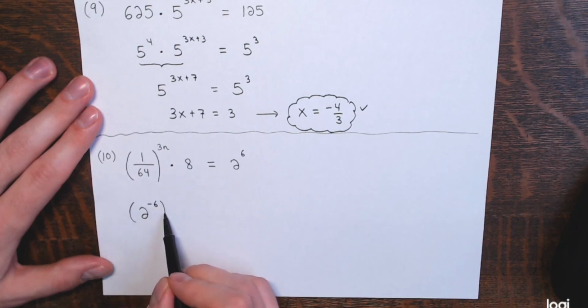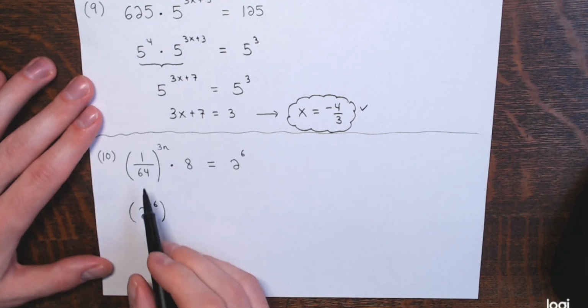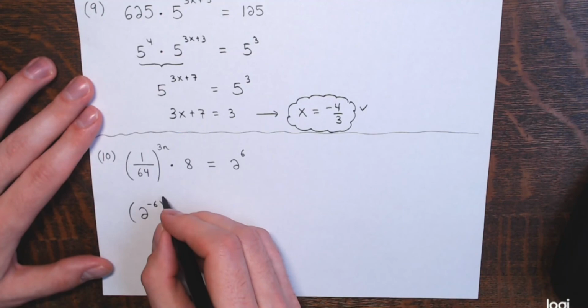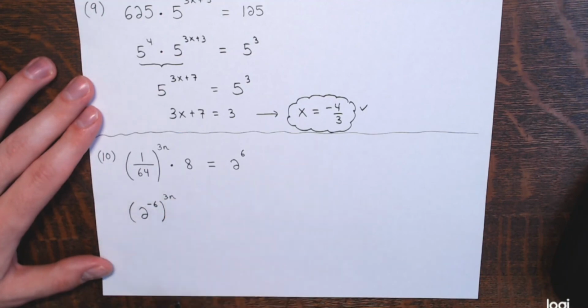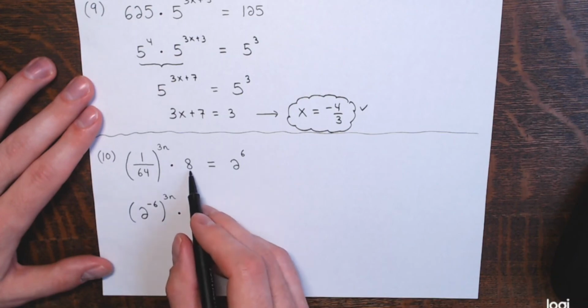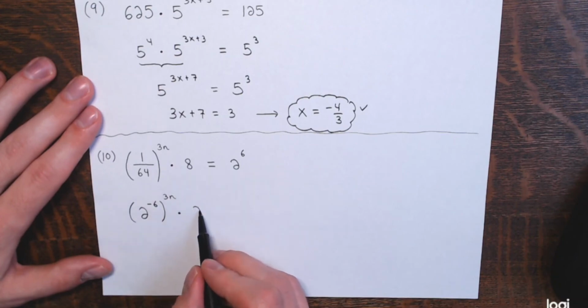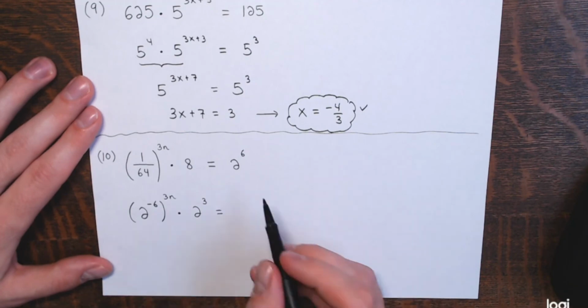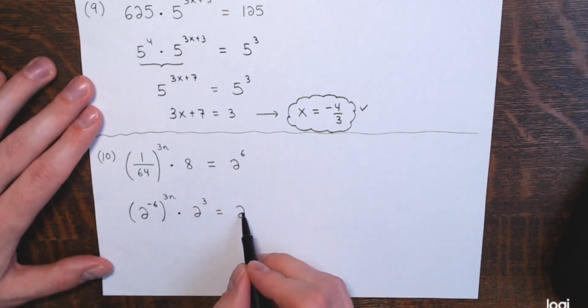Right, that would be 1/64. So I'm replacing 1/64 with 2 to the negative 6, and this again is being raised to the 3 times n, times 8. 8 is 2 to the 3rd power. And then the other side is already the way I want it, as base 2 to some power.